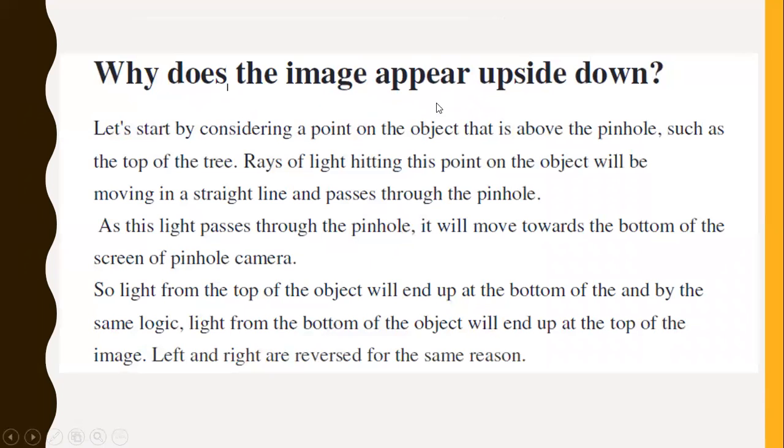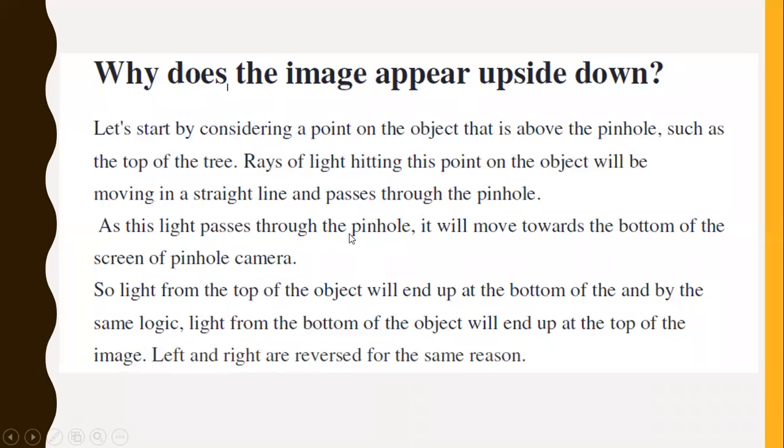Let us see why the image appears upside down. Let's start by considering a point of the object that is above the pinhole, such as the top of the tree. Rays of light hitting this point on the object will be moving in a straight line and passing through the pinhole. That means the light always travels in a straight line, you know this. Because of this reason only, the image is forming upside down.